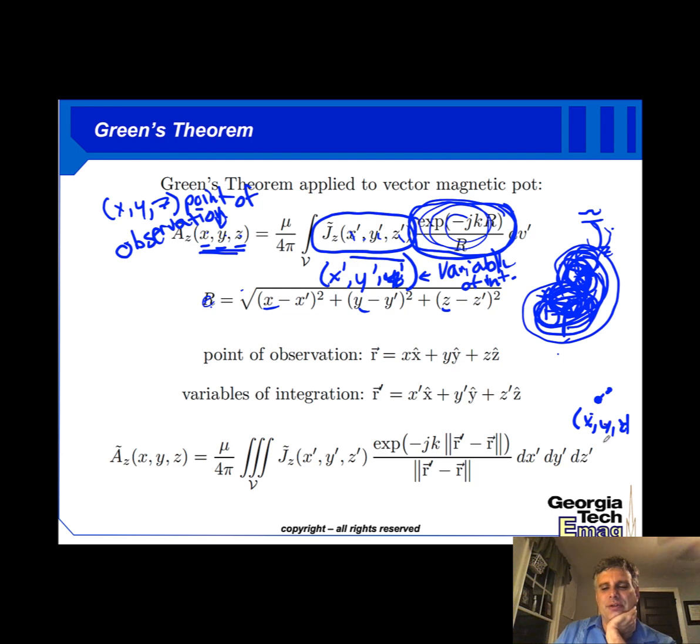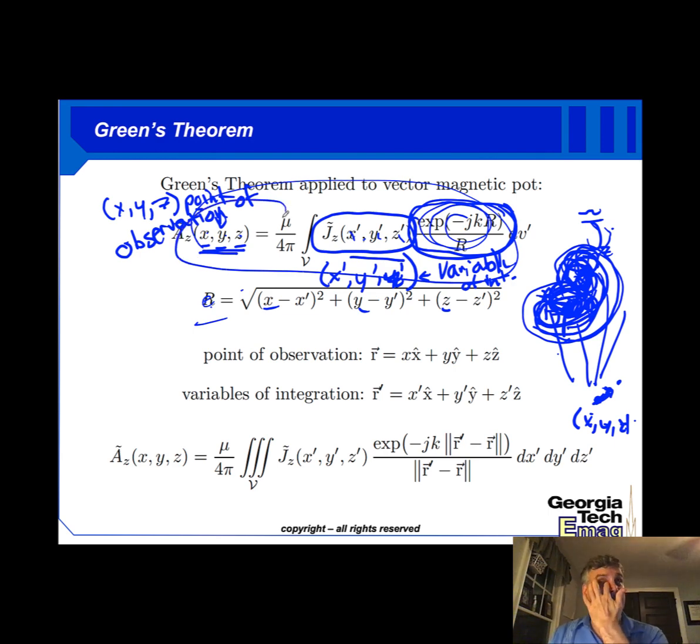X, y, and z are three dimensions for your point of observation. X prime, y prime, z prime are where you're integrating the currents. And you need to take every single one of those into account to figure out the amplitude and phase at that one single location in space. Change it a little bit, you change your R, and you have to recalculate this whole thing. So this explains the complexity and difficulties in numerical electromagnetics, even for something relatively simple like this.